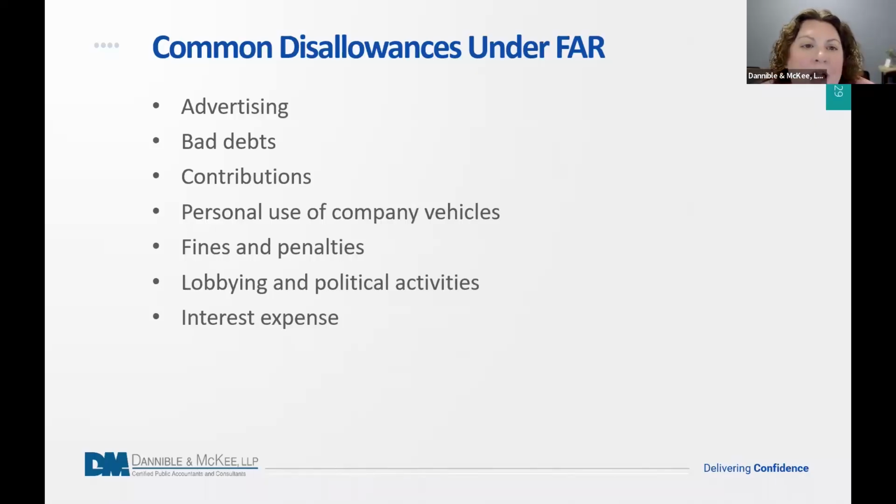So what's considered advertising? If you're going to a trade show, having a trade show booth is considered advertising. If you buy polos and you have your logo on them, that's technically considered advertising.